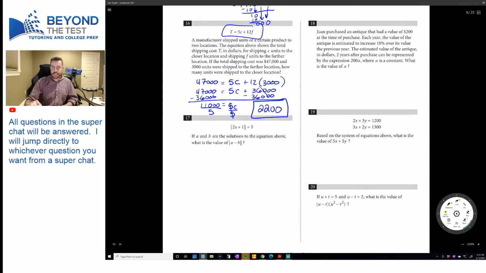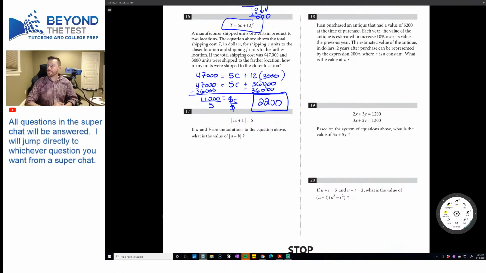All right, number 17 is a good question here. A lot of people do forget how to do this one. So it says, if A and B are solutions to that equation above, what is the value of the absolute value of A minus B? Okay, so let's think about absolute value and what it does. Absolute value takes everything that's inside the absolute value and turns it positive.